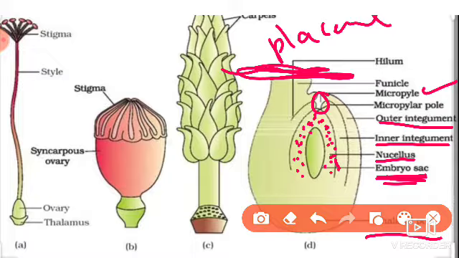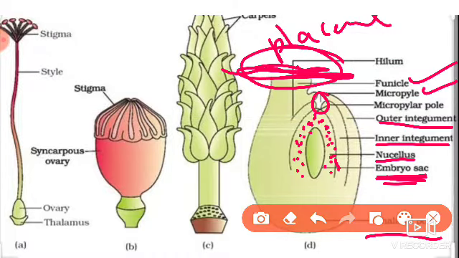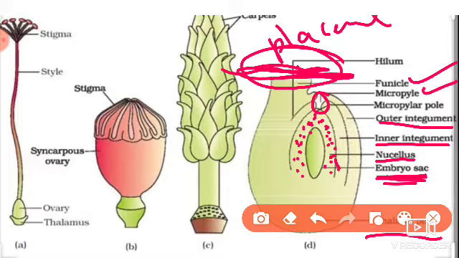And here there is the funicle, which is a stalk-like structure that emerges from the placenta, or which is attached to the placenta. This funicle arises from the placenta. It is an elongated stalk structure.